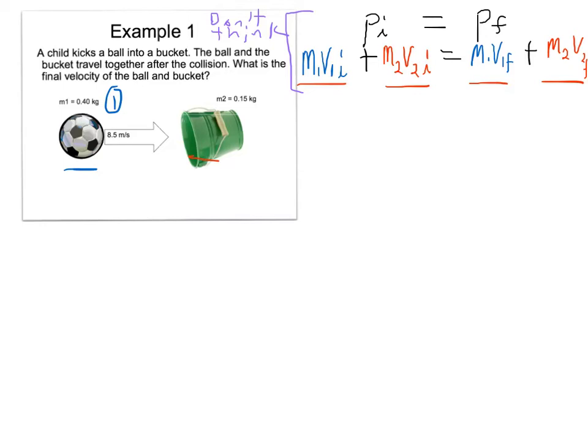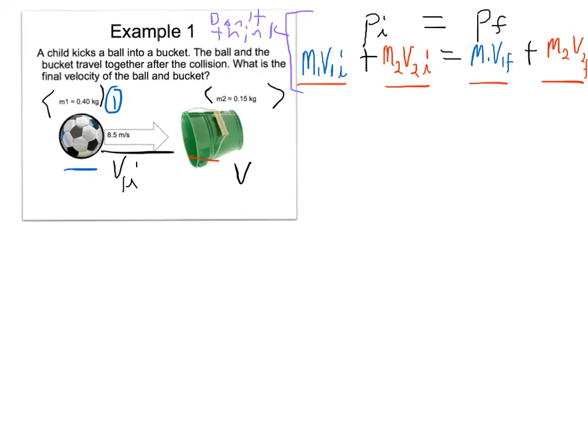Alright, so now that we've got that, we can eliminate things we don't need and continue solving the problem. A child kicks a ball into the bucket. The ball and the bucket travel together after the collision. What's the final velocity of the ball and the bucket? In this diagram we've got the mass of the ball, the mass of the bucket, and the initial velocity of the ball, which I'd call v1i.